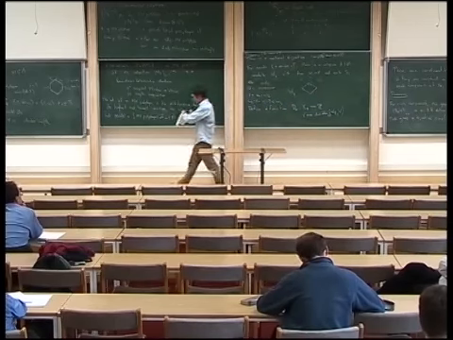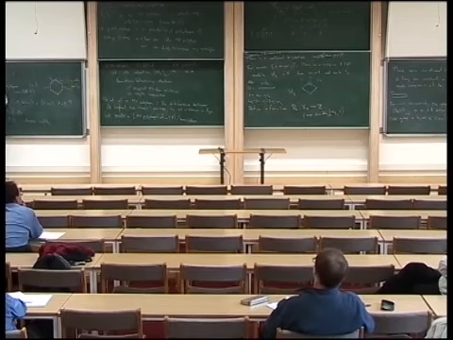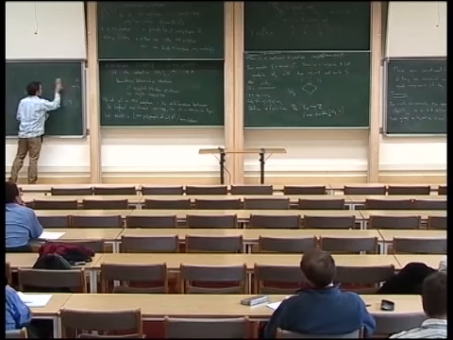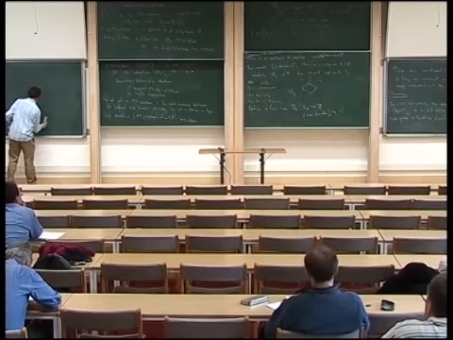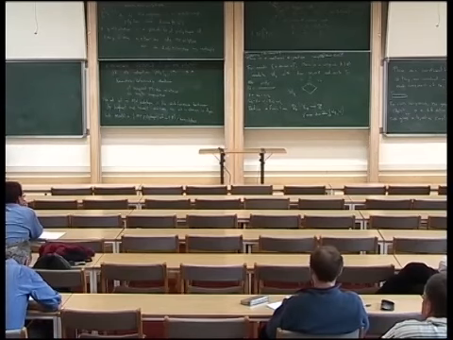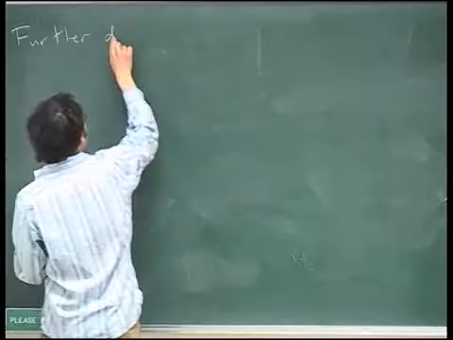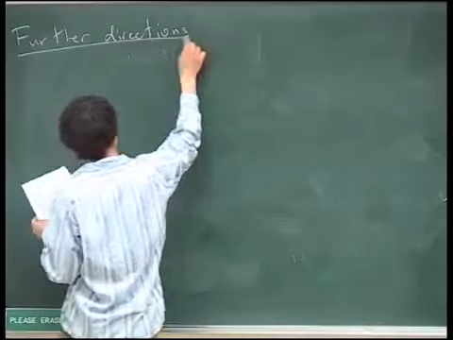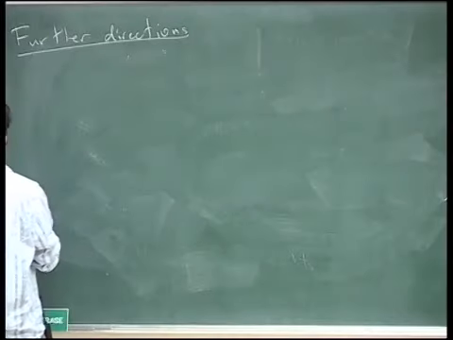Now let me explain some further directions and conjectures that we can make given this result. The first point concerns multiplication in the dual semicanonical basis.